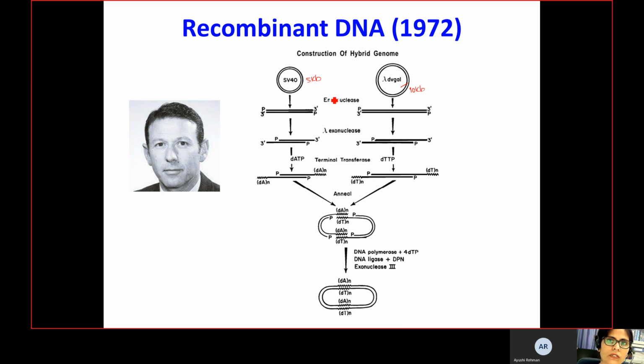When he started his work, restriction enzymes were not known. They appeared only a couple of years after he started his work. So for cutting any gene, he relied mostly on the Hershey and Macleod experiments, where they had demonstrated that a viral gene in its lytic phase is very long and concatenated.